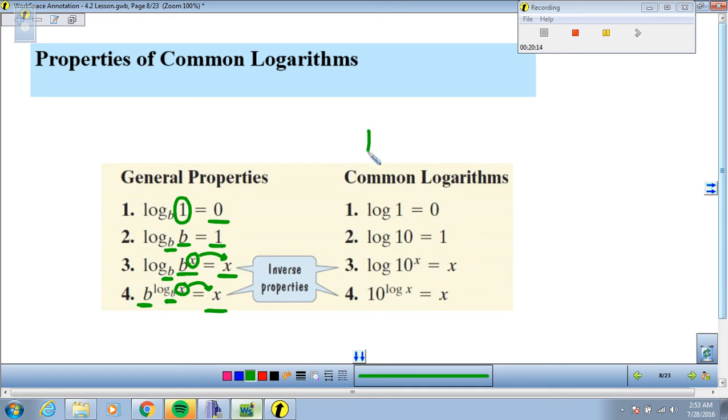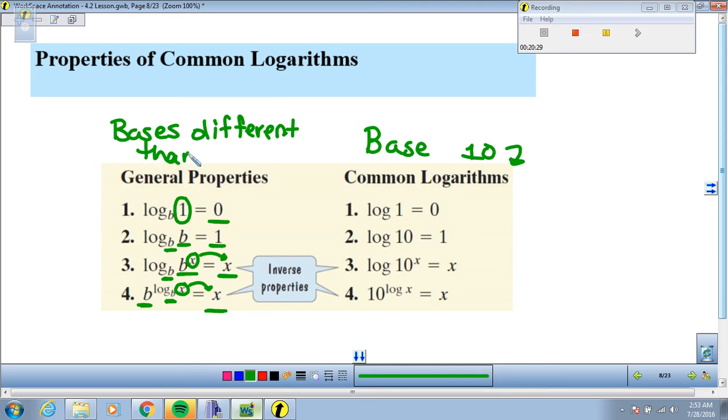These logarithms have a base 10. These have bases different than 10.